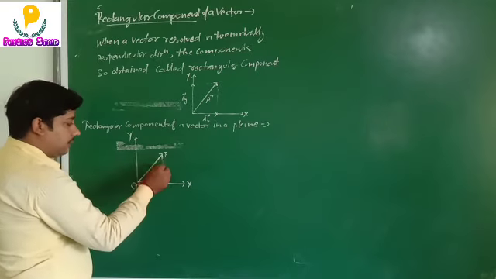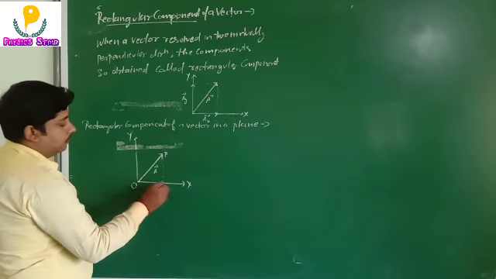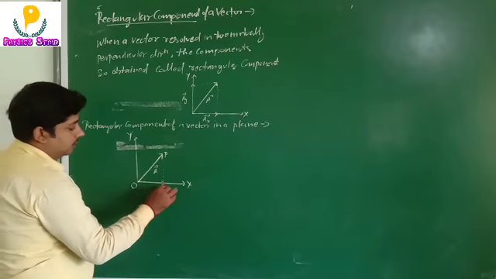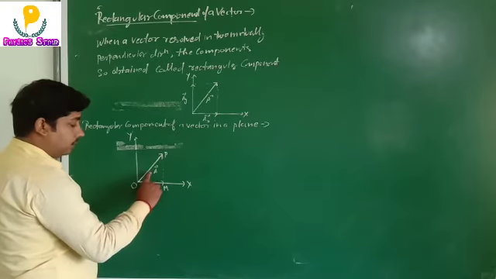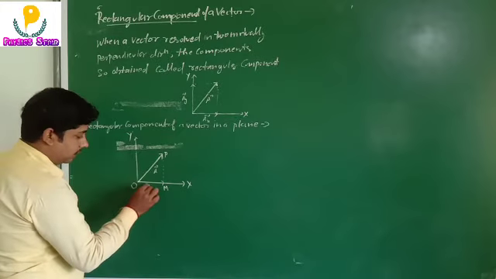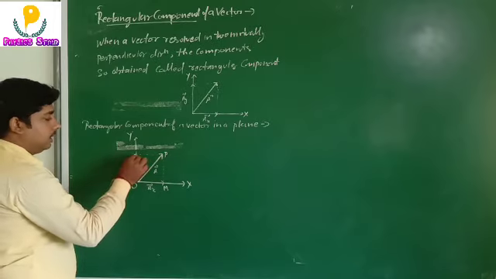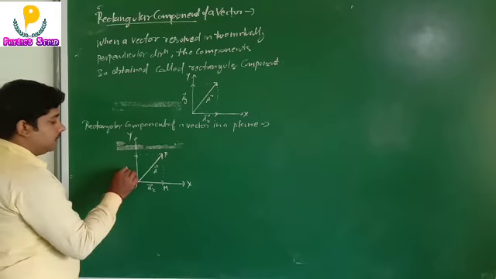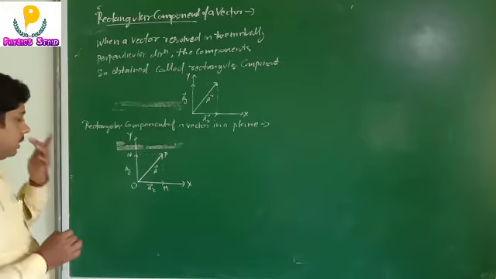If we resolve this vector A along the x-axis, this point is M. So OM is the vector along x, which is the component of vector A, represented by vector Ax, and along the y it is vector Ay, and here we have considered the point N.